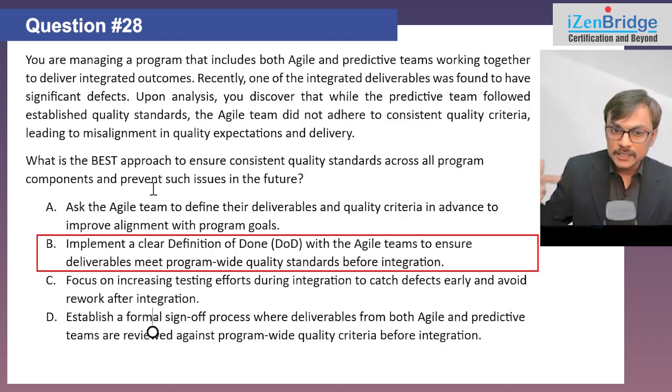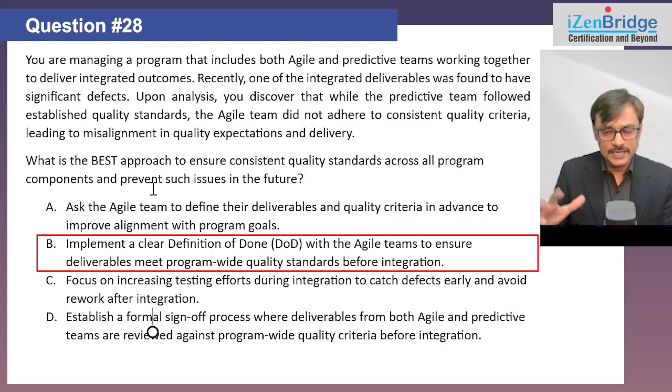Option B, implement a clear definition of done with the agile team to ensure deliverable meets program-wide quality standards before integration. So if you are hearing this word first time, then better have a clarity about what is called definition of done. So in the agile way of working, you identify requirements sometime in the format of user stories. Each user story has their own detail, which is called acceptance criteria.